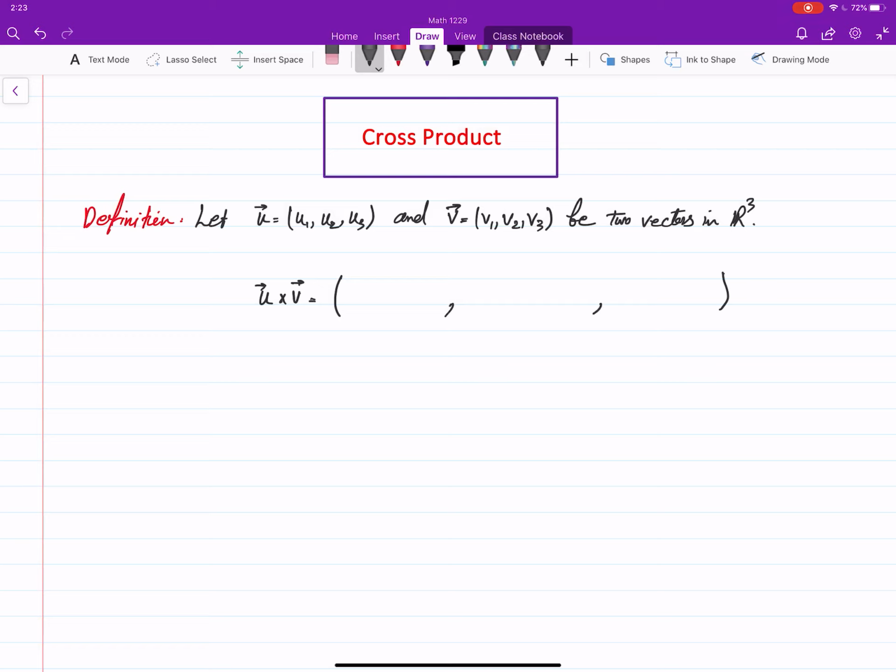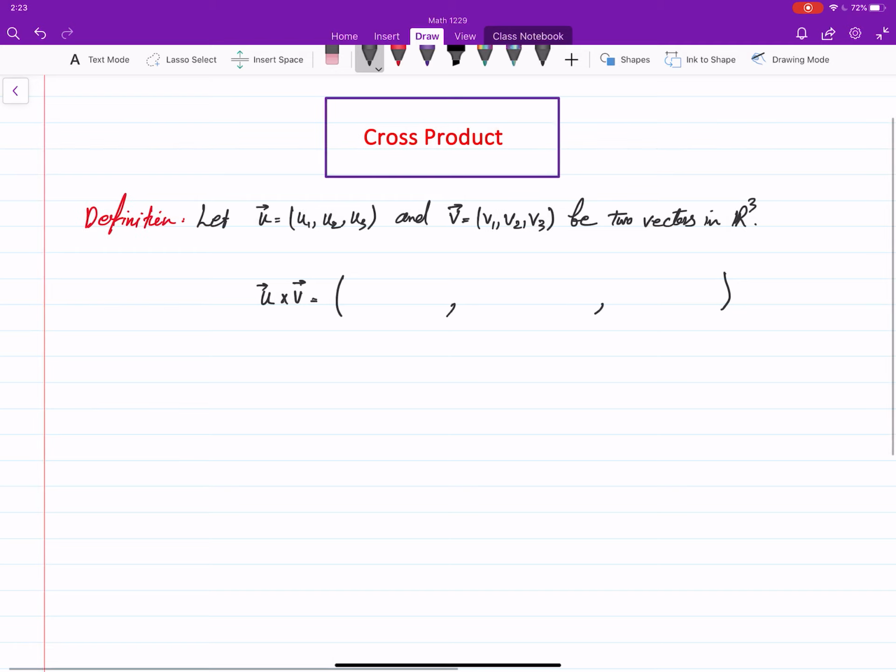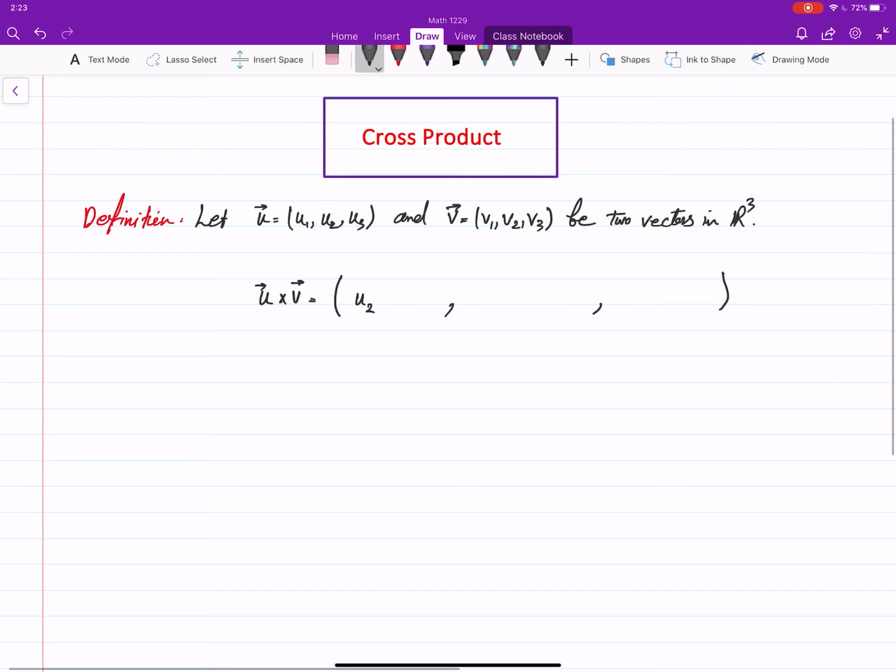So the first component of that vector is u2 times v3 minus u3 times v2. The second component is u3 times v1 minus u1 times v3.